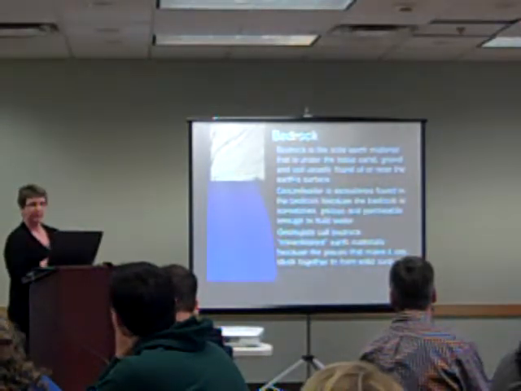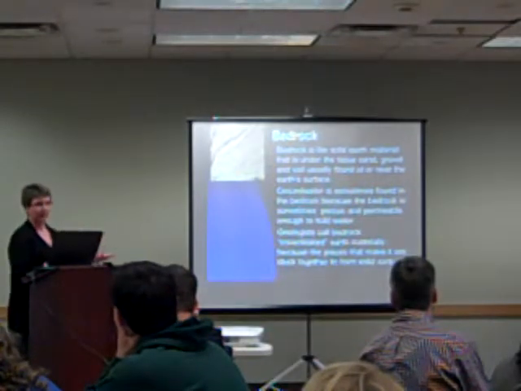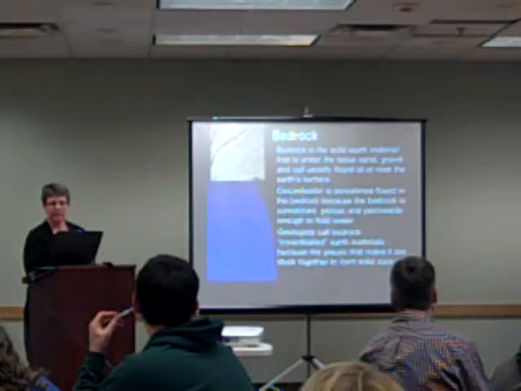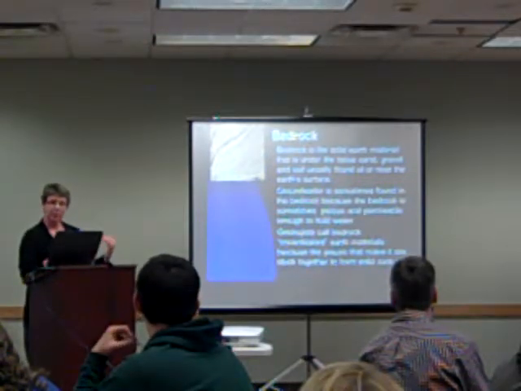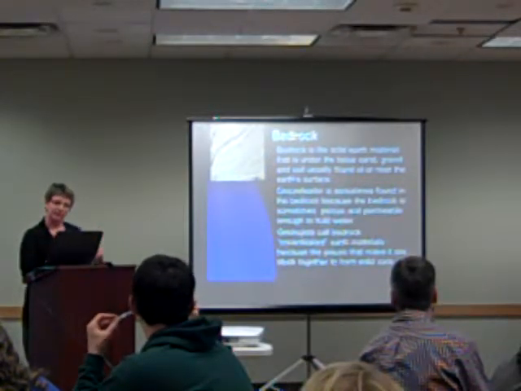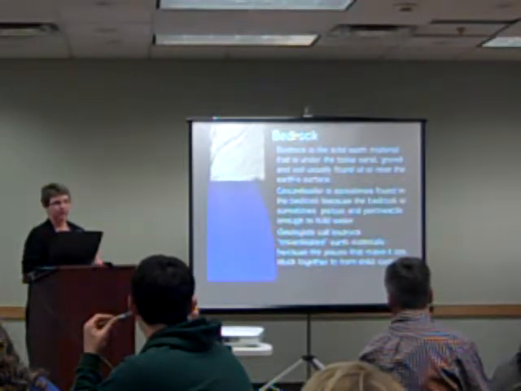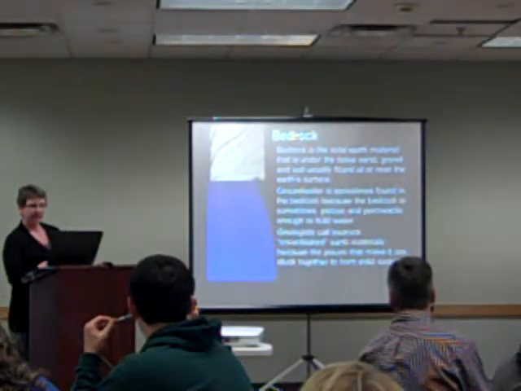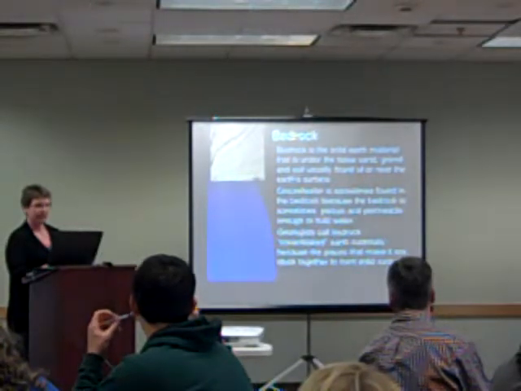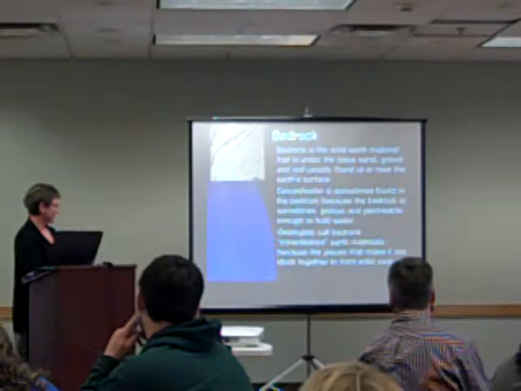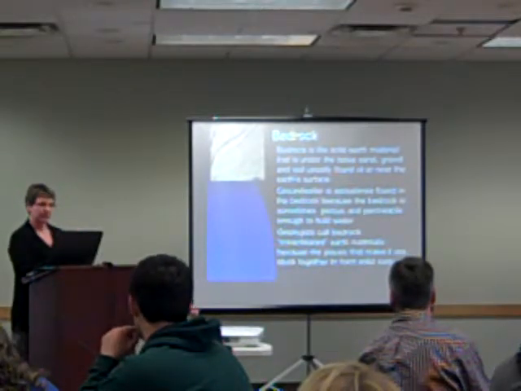It's way down at the bottom. Groundwater is sometimes found in bedrock, because bedrock is sometimes porous and permeable, so it can hold the water, but it's not where we normally get all of our water. Geologists call bedrock consolidated earth materials because pieces are stuck together and form a solid rock.